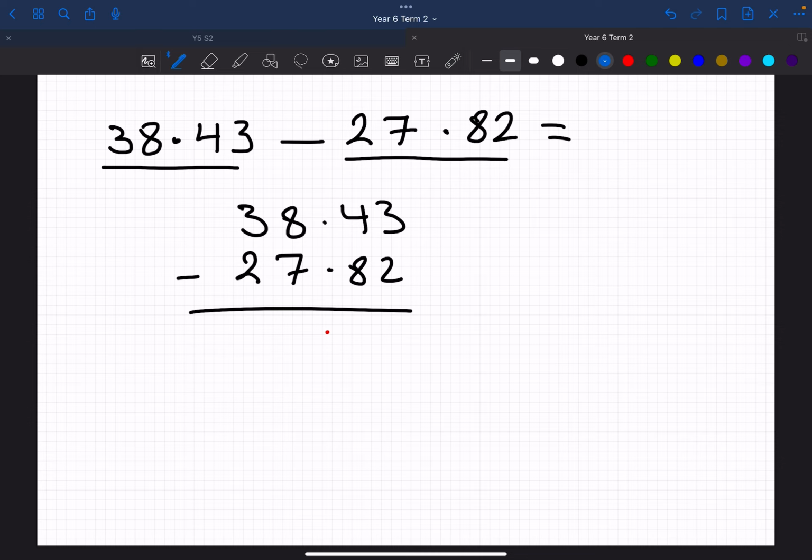Now 3 minus 2 is obviously 1. 4 minus 8, I can't, because this 4 is less than 8. So I have to borrow from the 8. This will be 7. This will be 14. And if you subtract 8 from 14, it will be 6. Then 7 minus 7 is 0. And 3 minus 2 is 1.